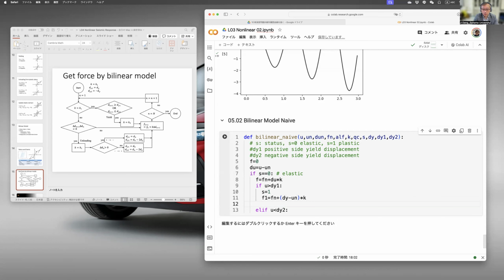So f is equal to f1 plus u minus dy1 multiple alpha. Okay.